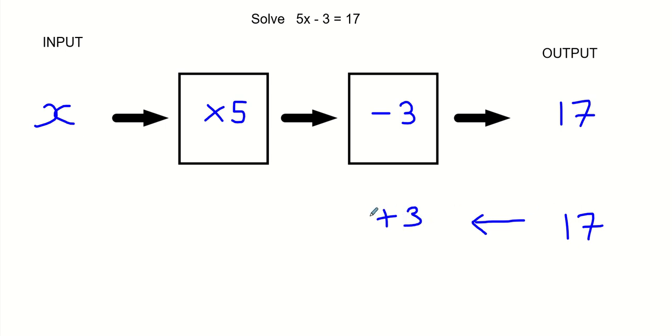So 17 plus 3 must have been 20. And 20 is the answer we get when we do the x multiplied by 5. So the opposite of multiply by 5 is divide by 5. And so 20 divided by 5 is 4.